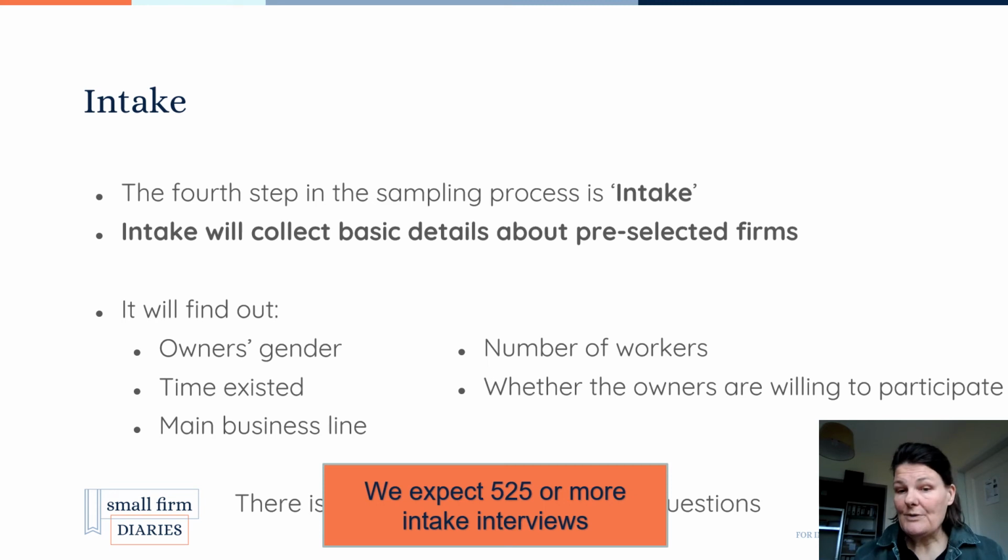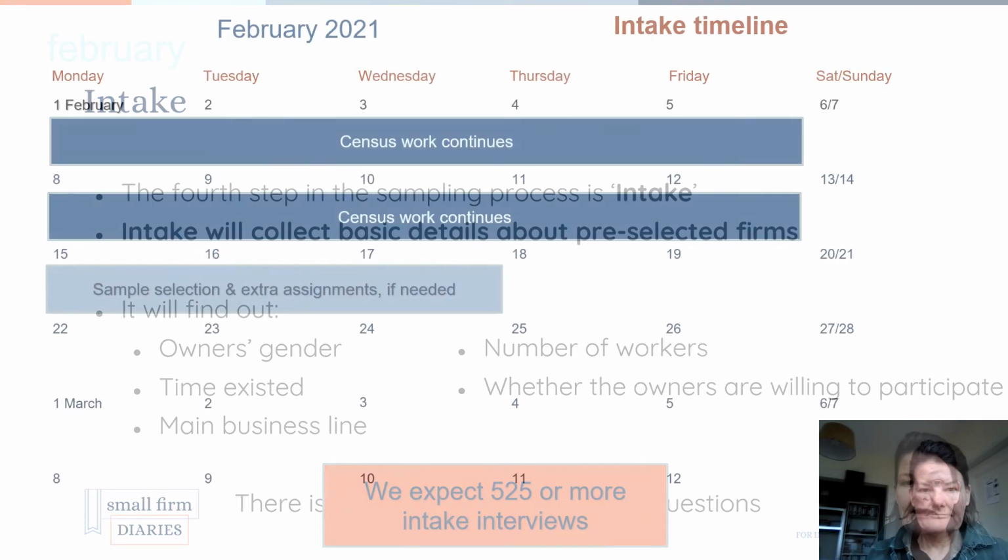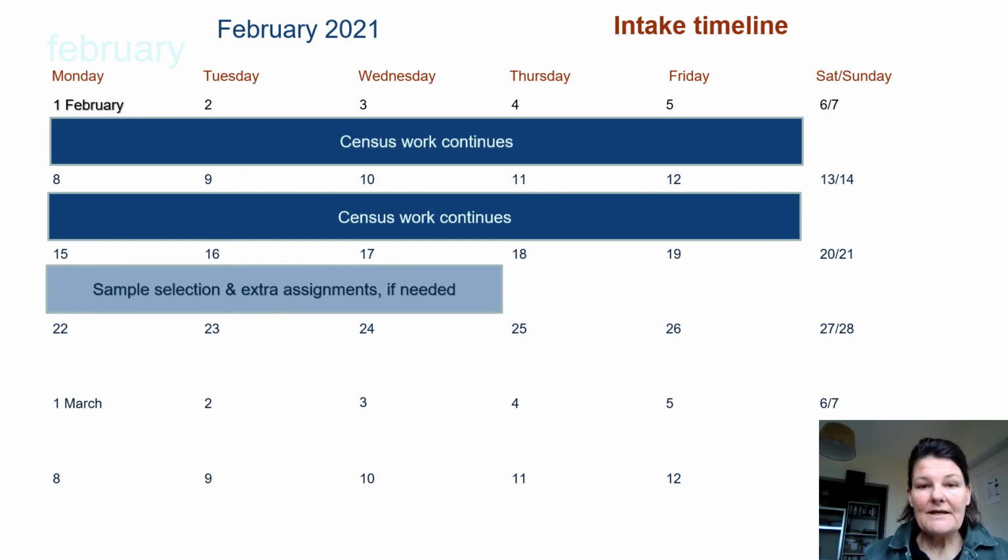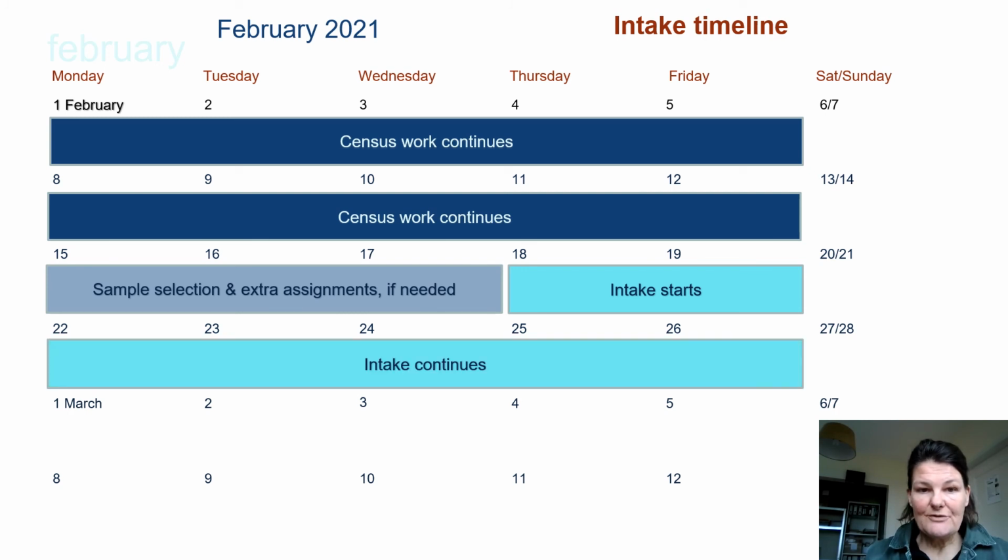So we will expect 525 intake interviews to take place. You get lists of 50 intake companies each. So the intake will start on the 18th of February and it will continue for a full week after that, completing on the 26th of February.